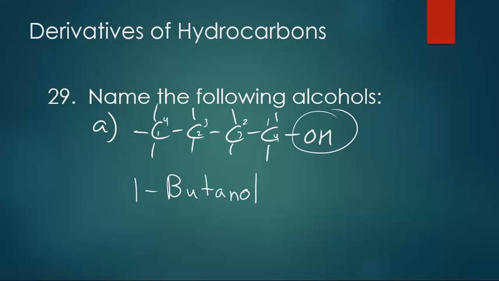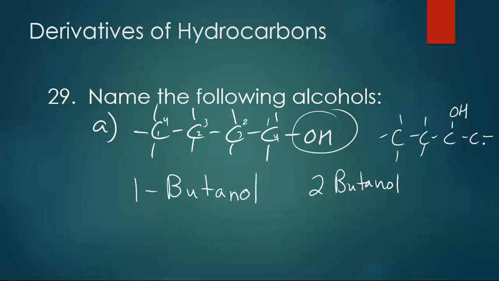I forgot to show you something. Emmy, give me an isomer of this. Very good. 2-butanol would move the OH over to the second carbon. All right.